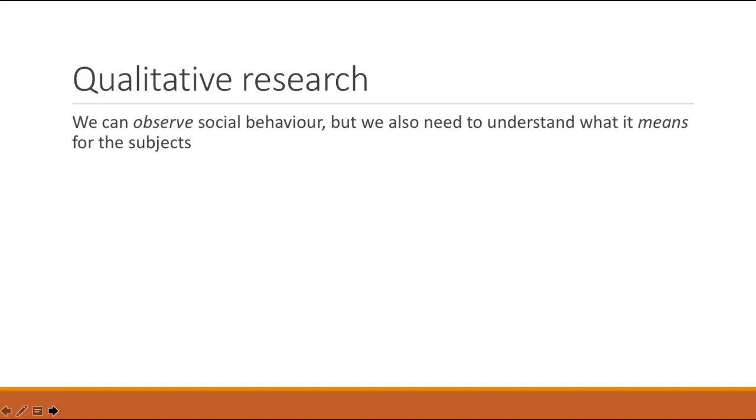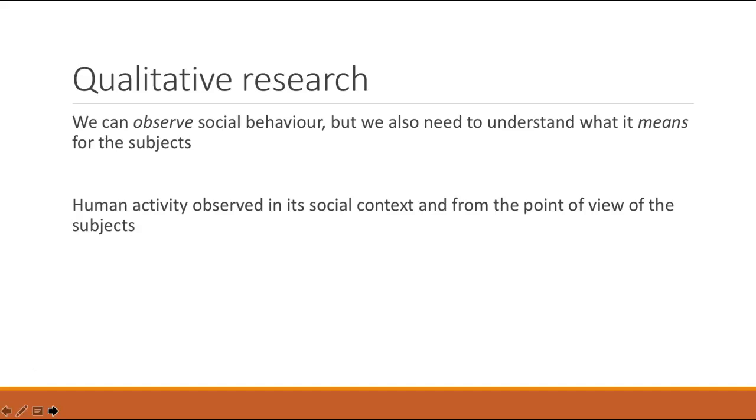Now let's look at qualitative research in sociology. The starting point of qualitative research is that it isn't enough just to observe social behavior. We also need to understand what it means from the inside. What beliefs motivate people to behave as they do?